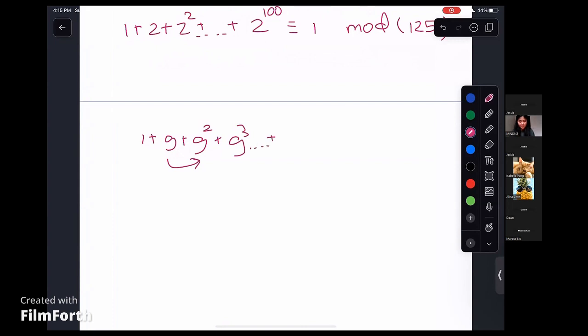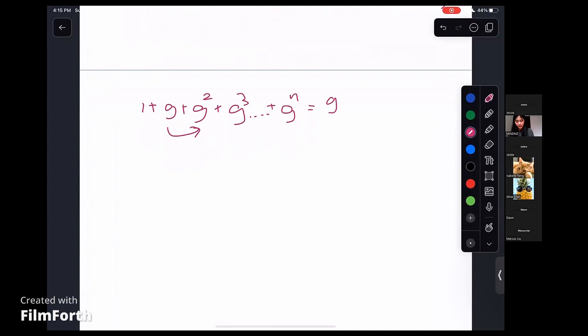If we're finding the sum, can anybody remember the formula? Okay, so the sum should be something like this. Does this ring a bell for anyone?